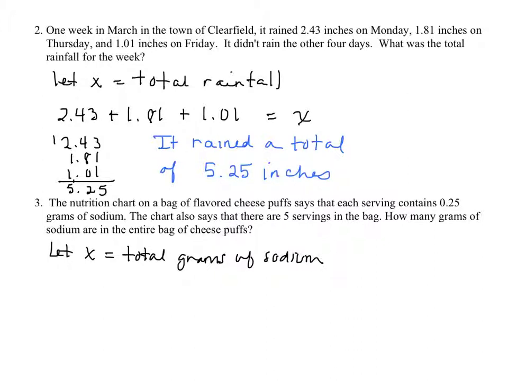Now you could add 0.25 five times if you want, or you can multiply 5 times 0.25, let's write that as an asterisk, sorry you guys, is equal to x. So when you go to multiply these, you're going to get 1.25.